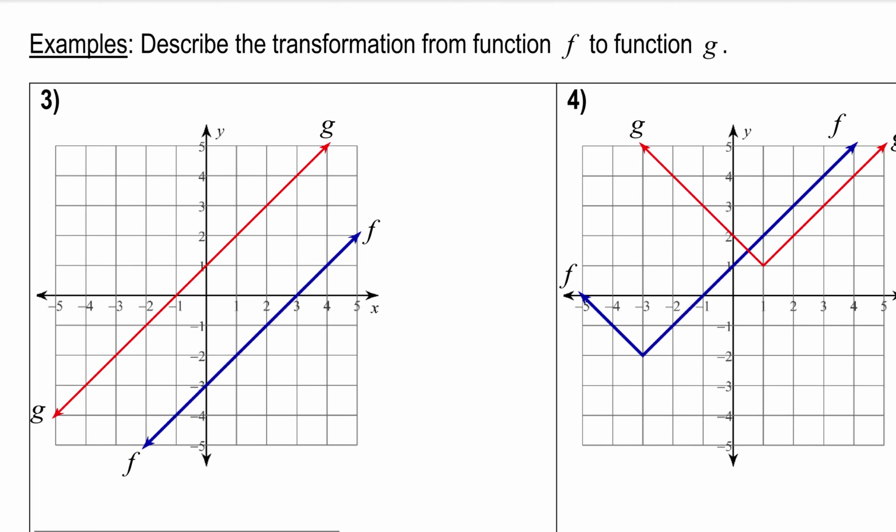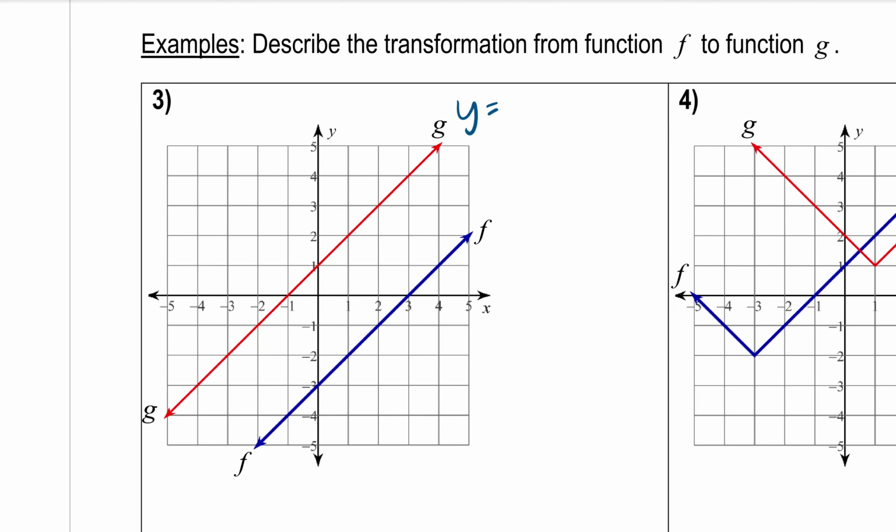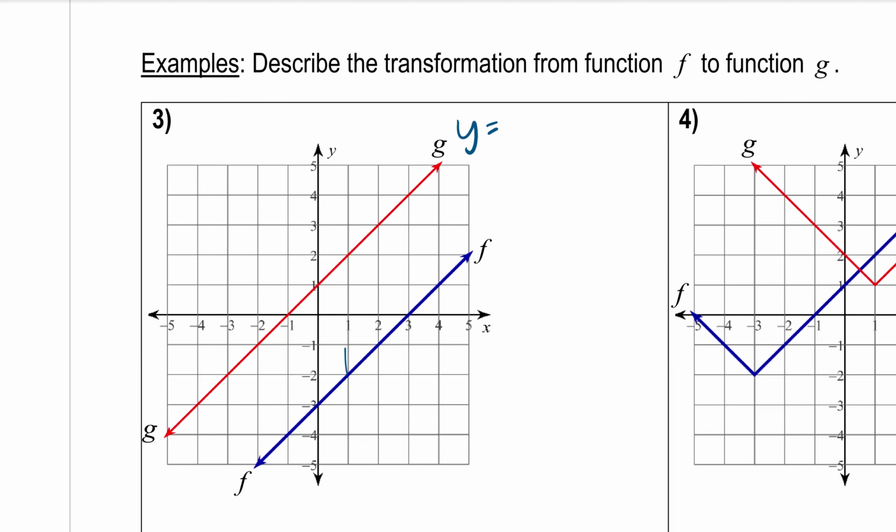Now this one gives me 2 graphs, and I want to know the transformation from f to g. So I'm going to start on the blue line, and I want to get to the red line. In these, I can go ahead and write my equation first at the blue line. So I have y equals my slope. If I start at one point and go to the next, it's just up 1 over 1.